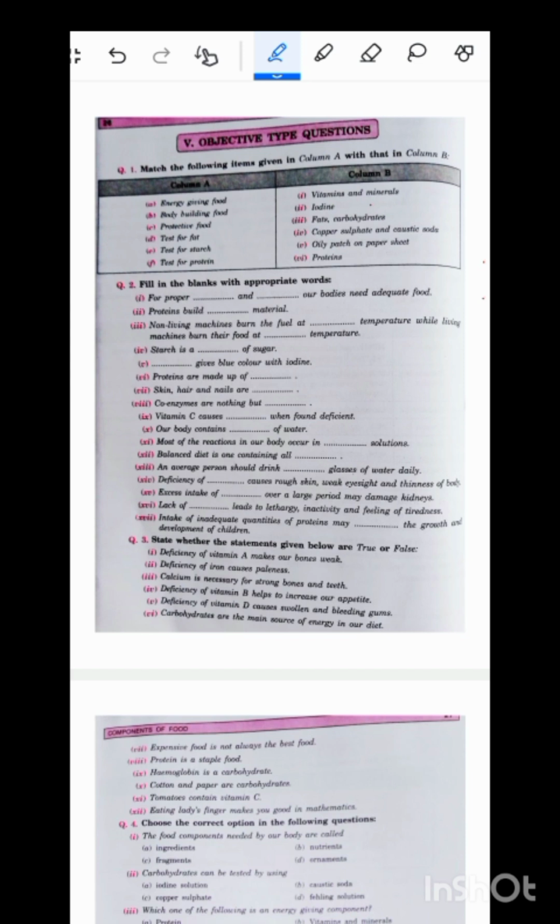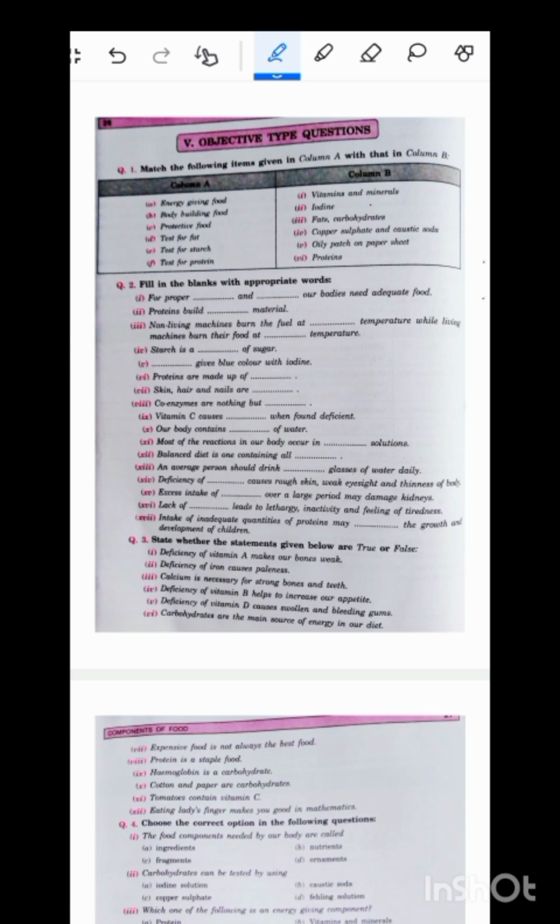Question number 12. A balanced diet is one containing all nutrients. An average person should drink dash glasses of water daily, 8 glasses of water daily. Excess intake of dash over a large period of time may damage kidneys. Proteins. Question number 15. Oh, sorry, I misread it. Deficiency of dash causes rough skin, weak eyesight and thinness of body.